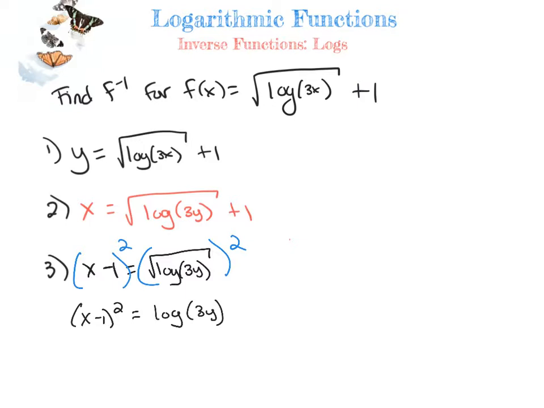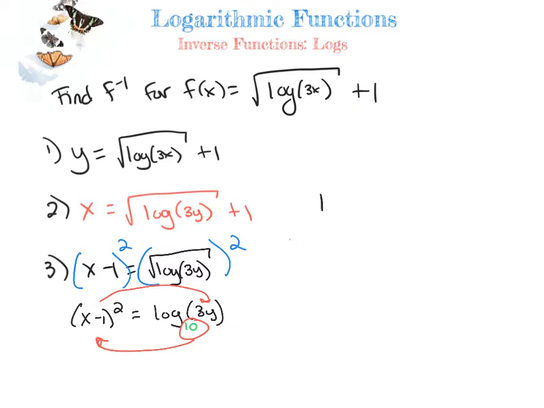And remember, just like in the last example, when the base isn't written in, it's either an e or a 10. Since it doesn't have ln, it's not the natural log, this is the common log, so it must be base 10. So while we're converting, we do 10 to the x minus 1 squared equals the inside, 3y.